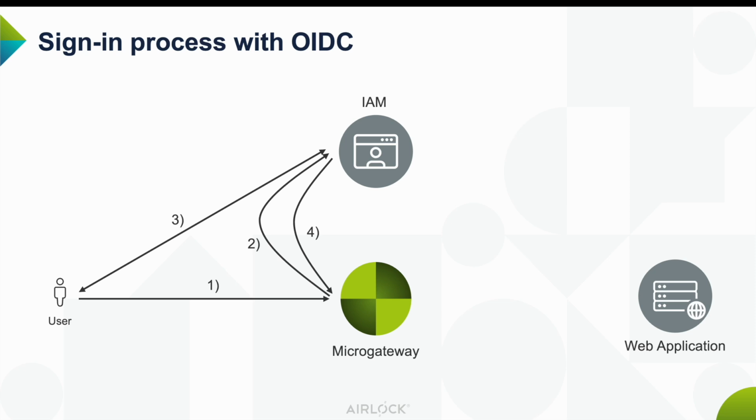After successful authentication, the user is forwarded to a so-called callback URL of the microgateway. The microgateway received an access code with the callback request and uses it to get an access and ID token from an IAM.